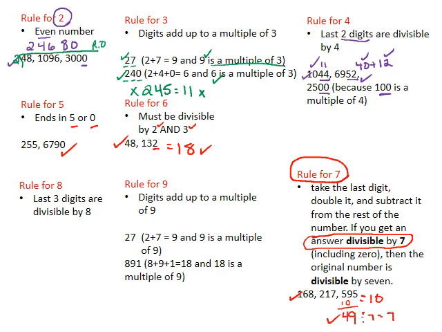The rule for 8, I find this one kind of useless too because you need to know 3 digits. Well, I don't know if 8 is going to go into 529 or whatever. Probably not because it's not even, but let's say 530. Well, this one's easy because does 8 go into 53?